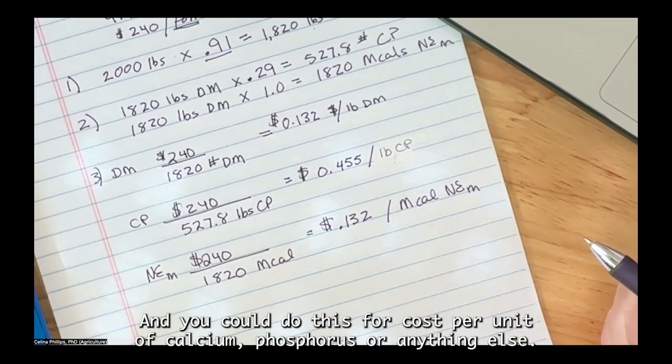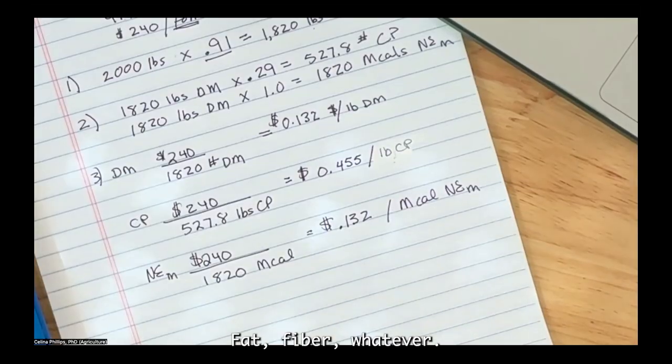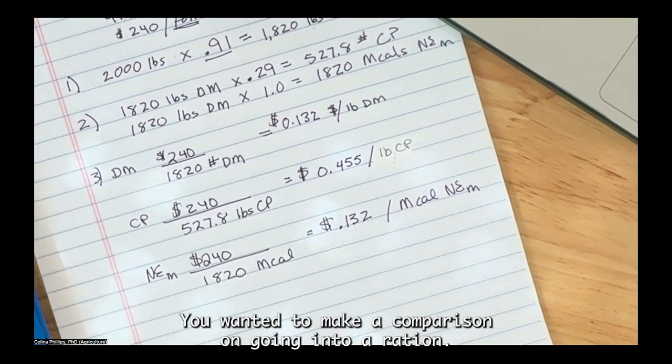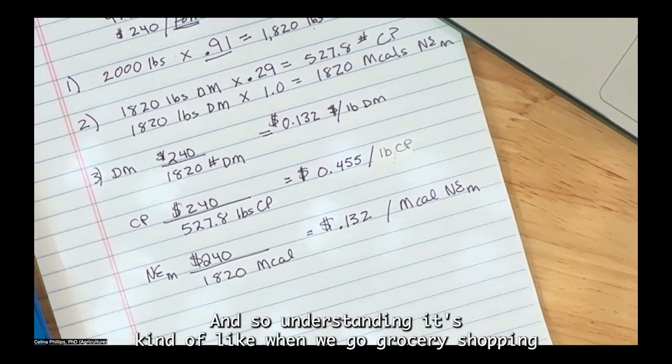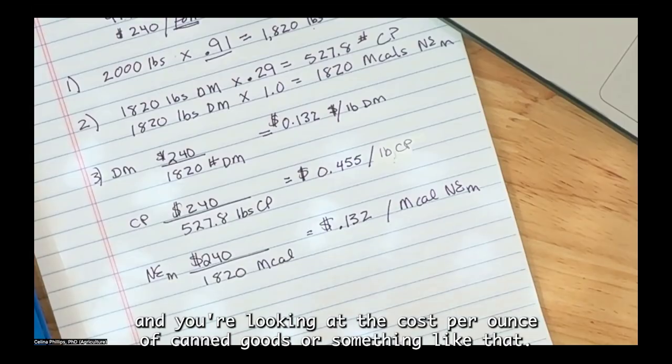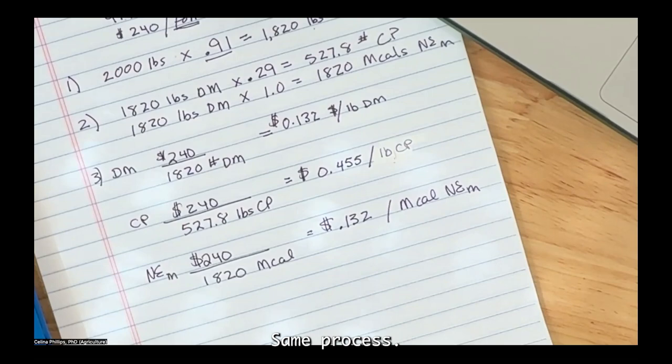And you could do this for cost per unit of calcium, phosphorus, or anything else, fat, fiber, whatever you wanted to make a comparison on going into a ration. It's kind of like when we go grocery shopping and you're looking at the cost per ounce of canned goods or something like that. Same process. Which one is the cheapest per unit?